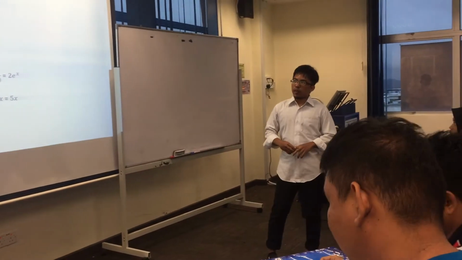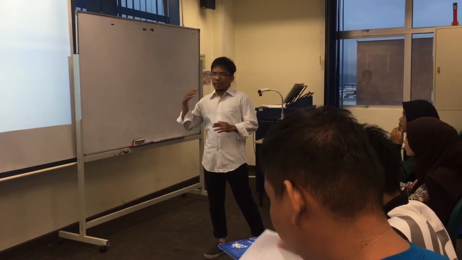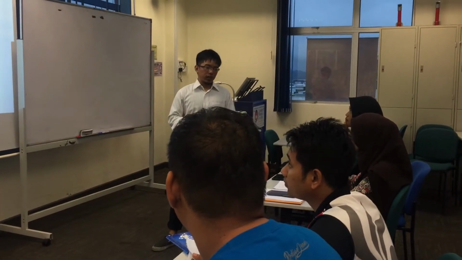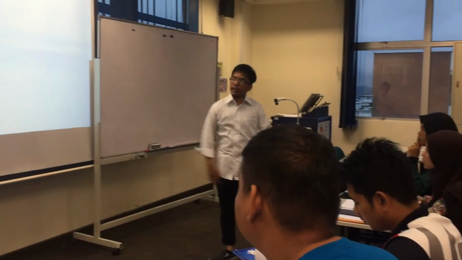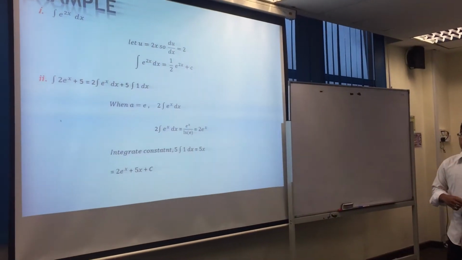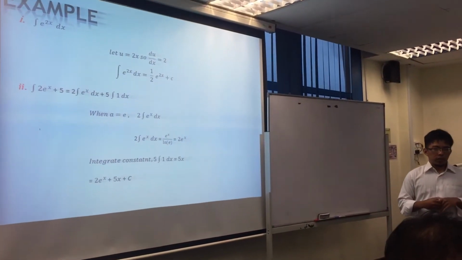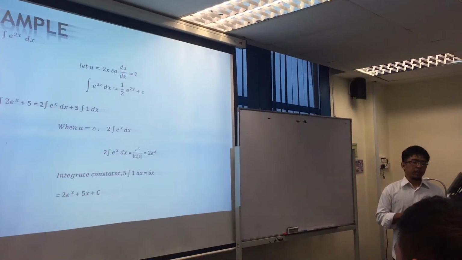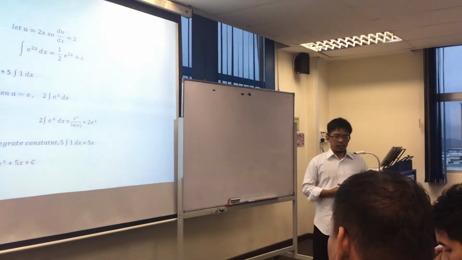An indefinite integral is when you have no upper limit and no lower limit. As you can see in the slide, we have plus c. Plus c is a constant where we don't know the value. So that's what is meant by indefinite integral.